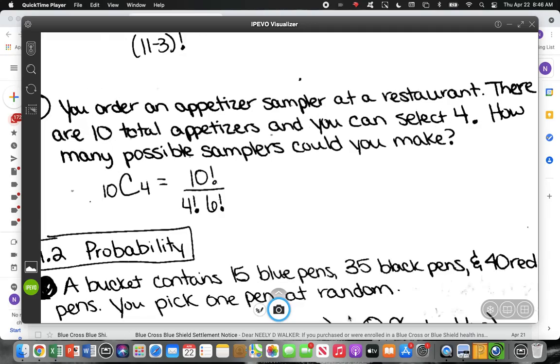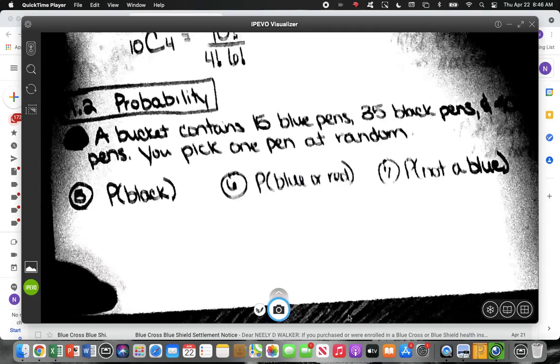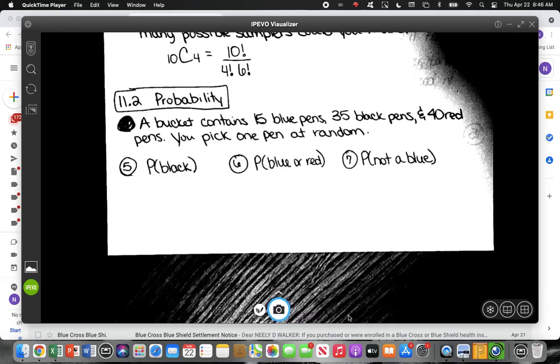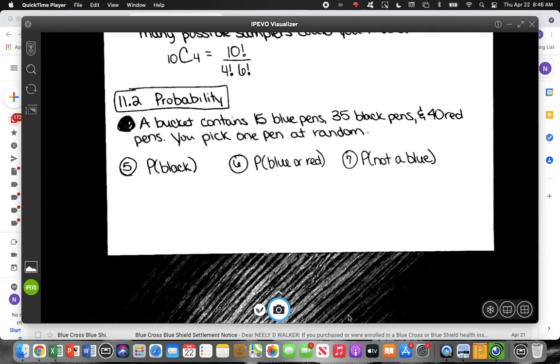All right, now let's look at number 2, or the second lesson. Just simple probability. Do you guys feel comfortable with a question like this? A bucket contains 15 blue pins, 35 black pins, and 40 red pins. And you are picking a pin at random.